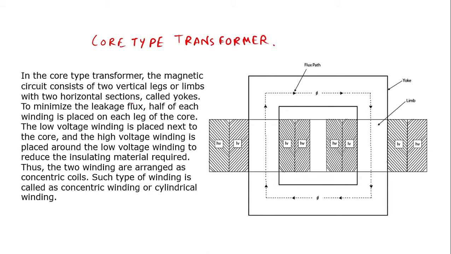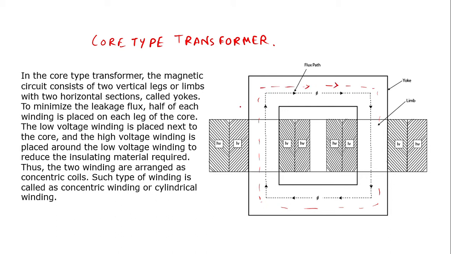right? Now in the core type transformer, the magnetic circuit consists of two vertical limbs, right? This is the magnetic circuit shown by the arrow. So this is the complete magnetic circuit, right?